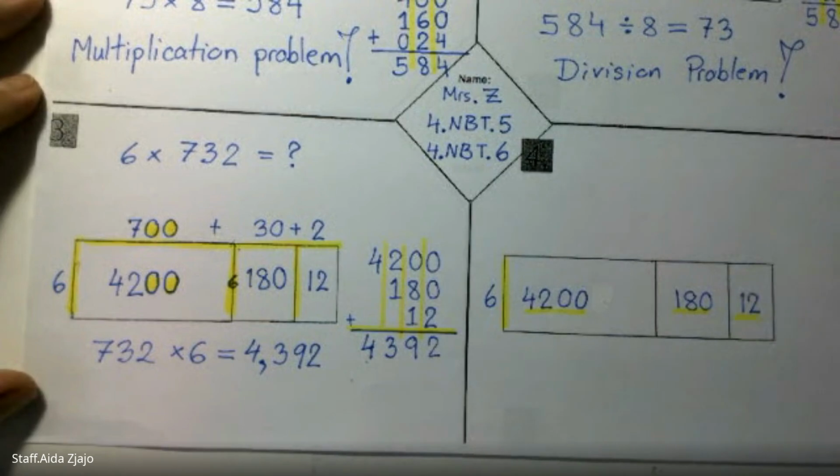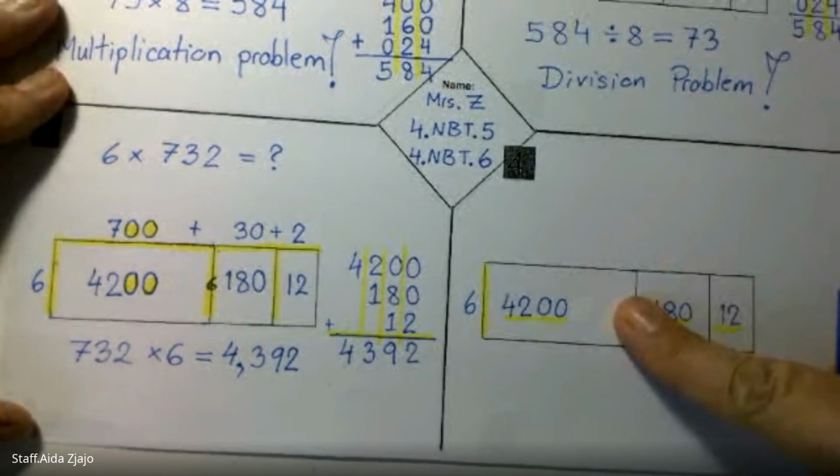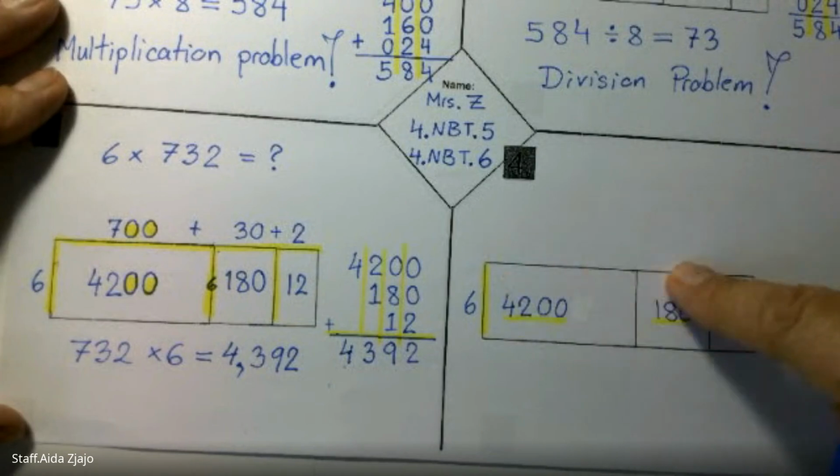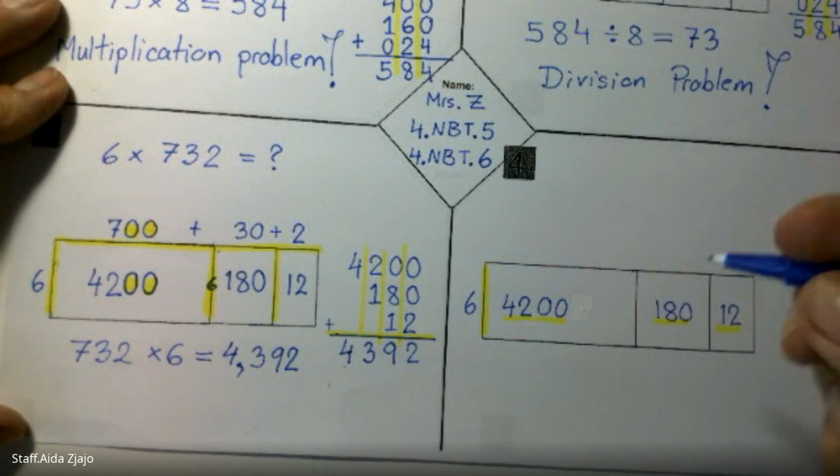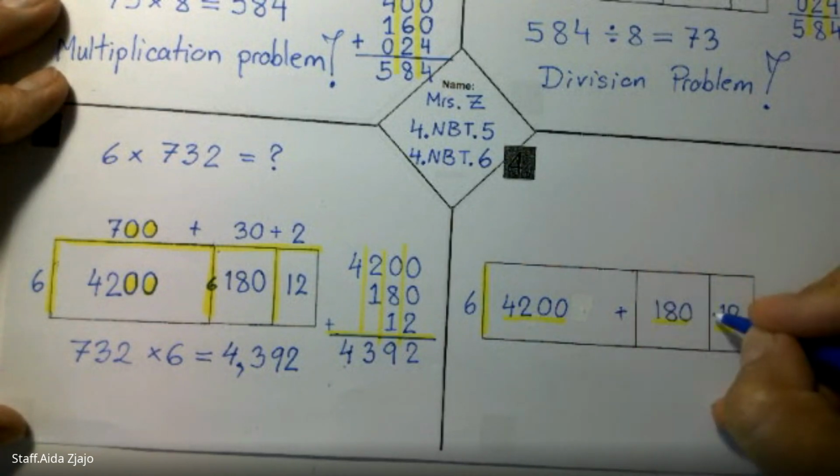Now, when we look at this one, the numbers are missing on the top, but we have a large number inside. So what that means is that this is division.